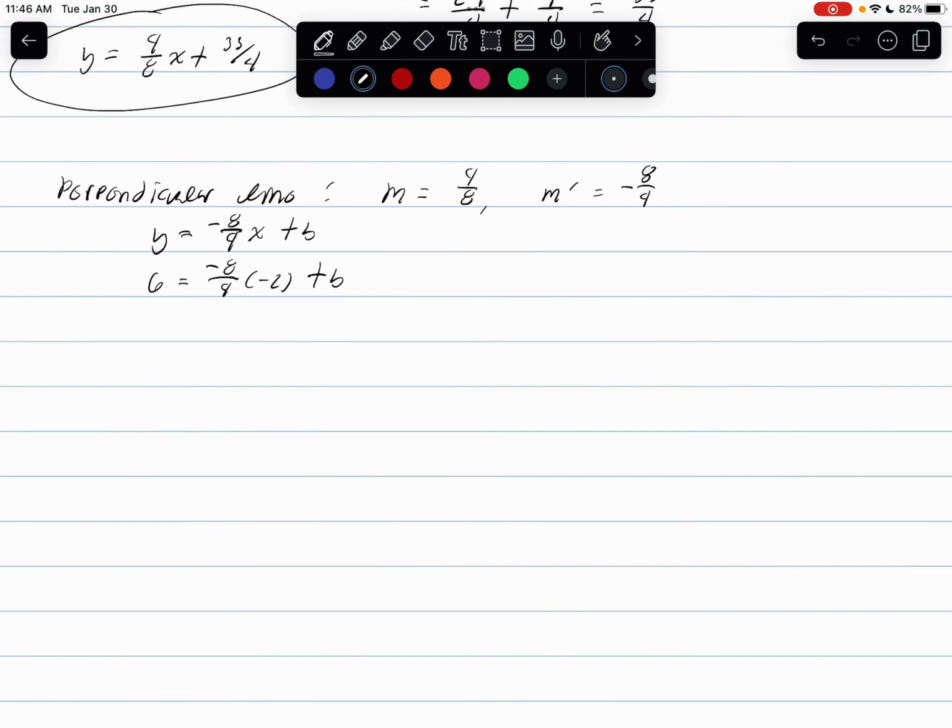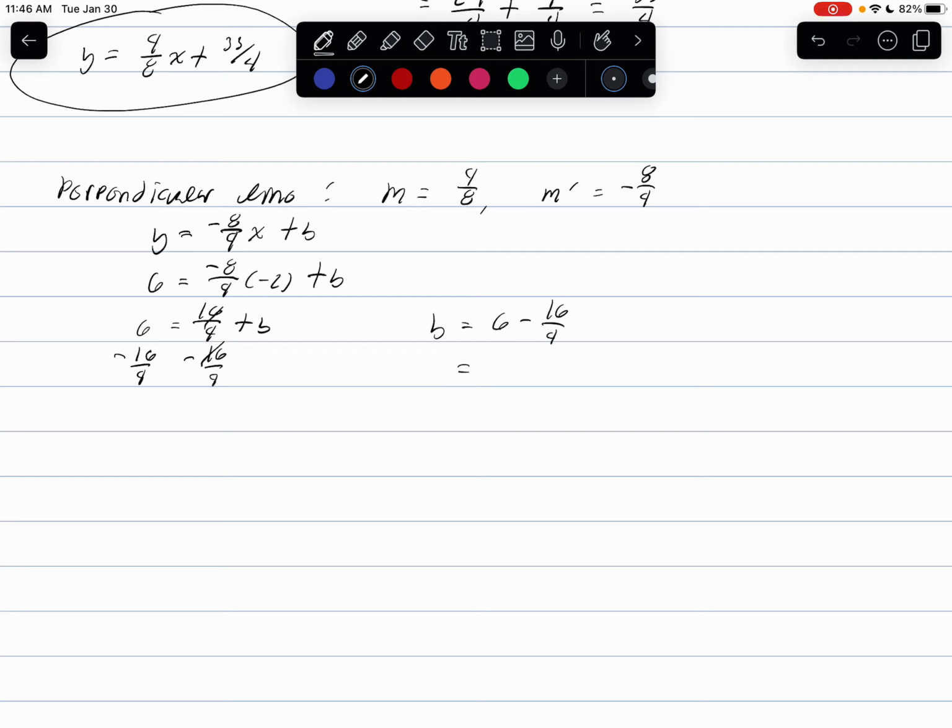Here we can go ahead and multiply our numerators. So this is going to give us 6 is equal to 16 over 9 plus b. Now we can take away 16 over 9 from both sides, and that's going to give us b is equal to 6 minus 16 over 9.